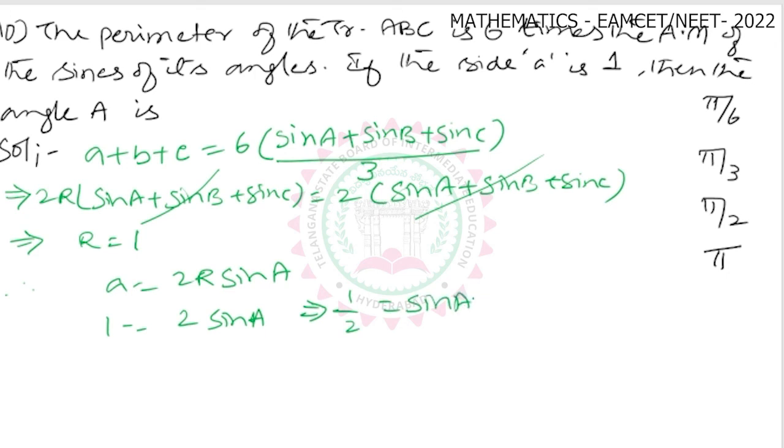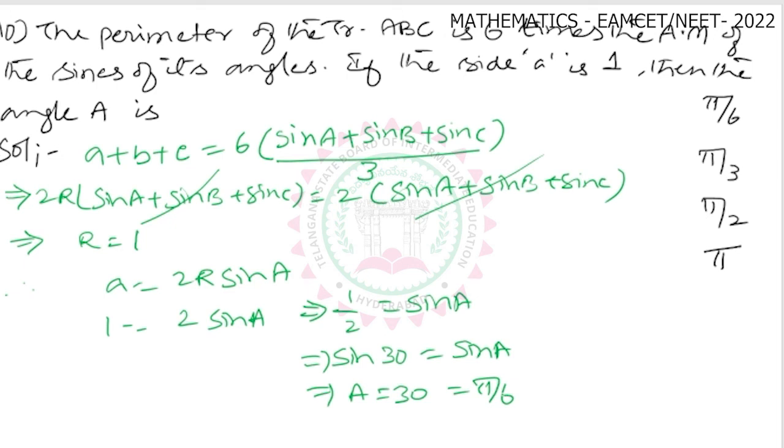So, what is the value of sin A? Is equal to 1 by 2. 1 by 2 is equal to how much? Sin 30 degree, right? So this implies that sin 30 is equal to sin A. It means that A is equal to 30. 30 is nothing but pi by 6.